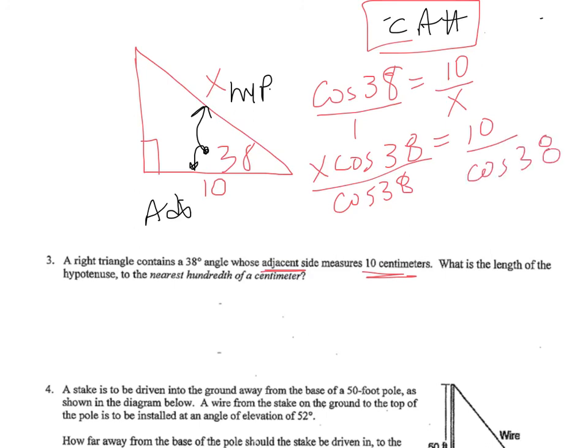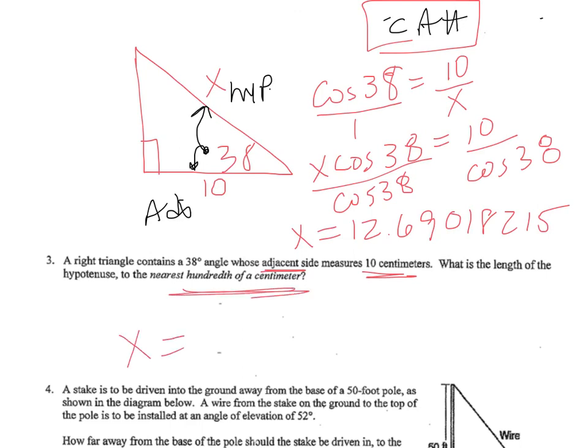So in your calculator, make sure you use the alpha y equals button, press alpha y equals enter, then 10 down cosine of 38, and then enter. You'll wind up with x is equal to 12.69018215. So to the nearest hundredth of a centimeter, x is equal to 12.69 centimeters.